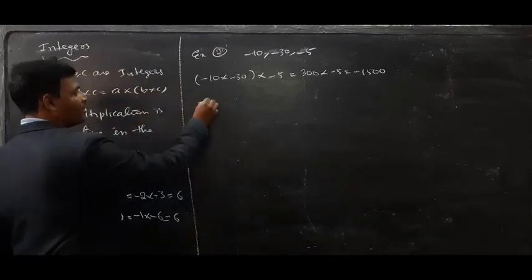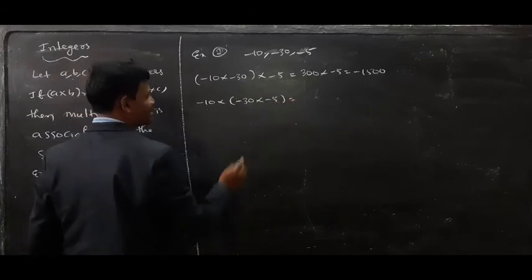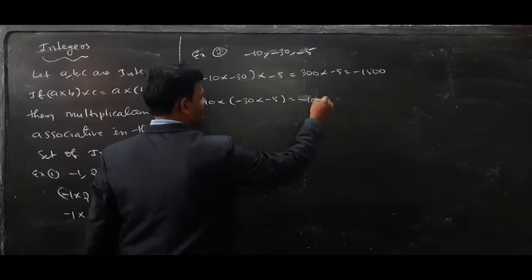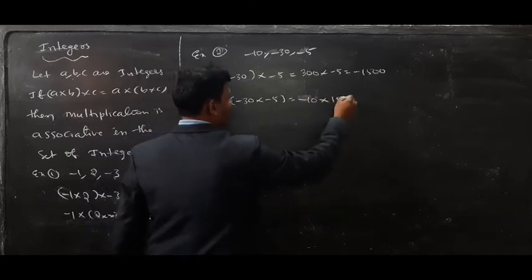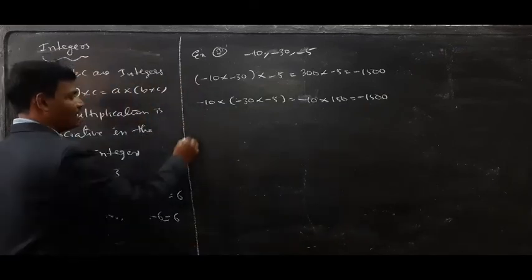Next, what I need here? −10 × (−30 × −5): minus into minus is plus, 30 × 5 is 150, and −10 × 150 is equal to −1500. So both are equal. What is the conclusion?